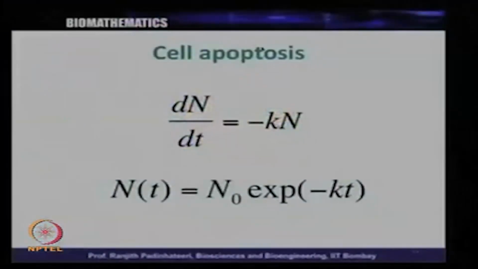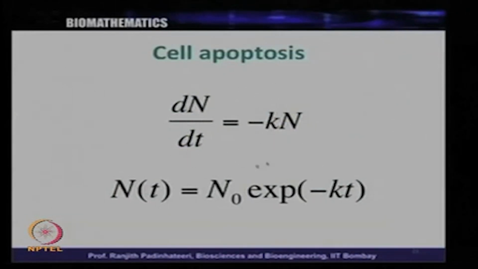So, how do we describe that? Just like we did, a minus sign will do. So, let us look at this here. When we have apoptosis, we can describe that by writing dn by dt is equal to minus kn.